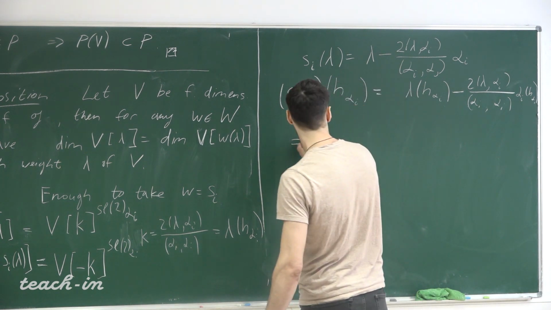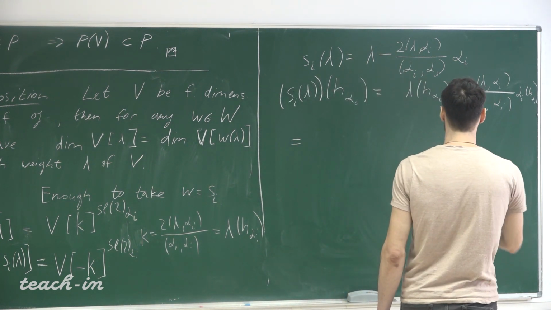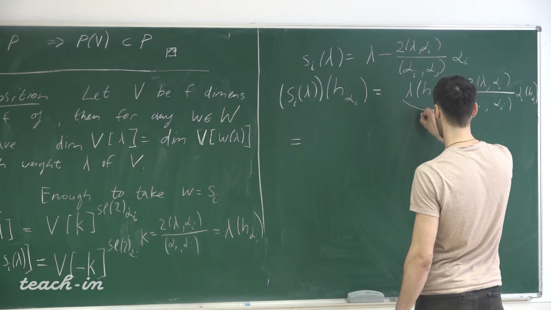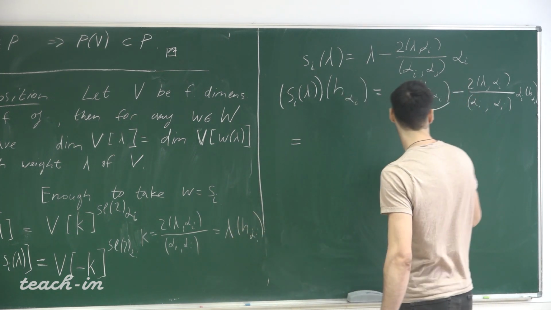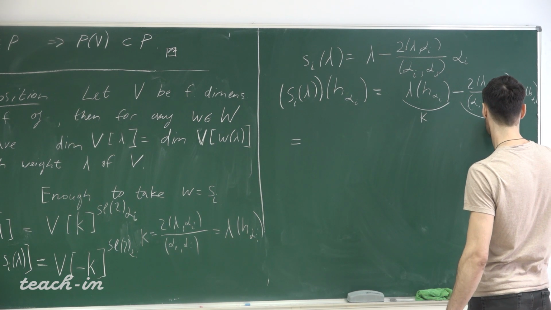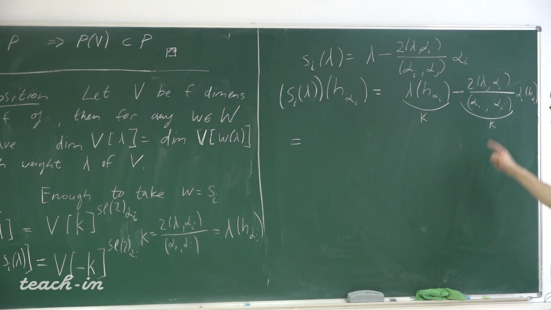Then this is K, as we agreed. This is also K, right? Without this term, factor. And this is what?